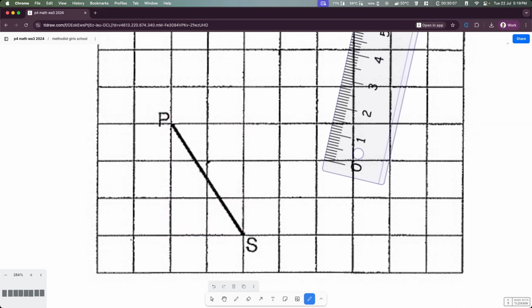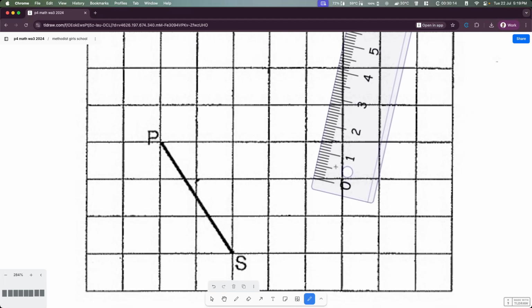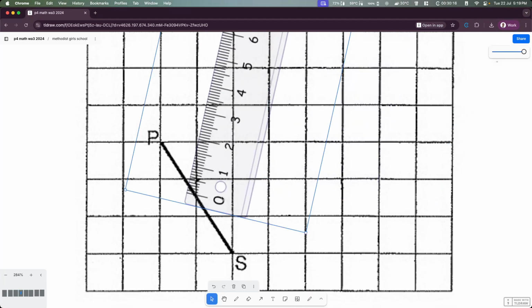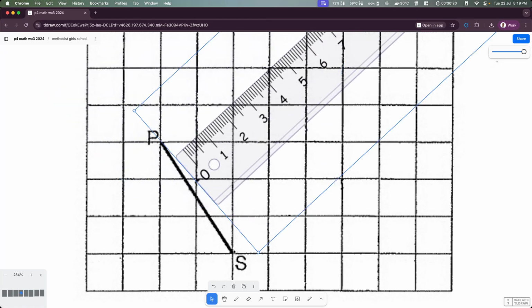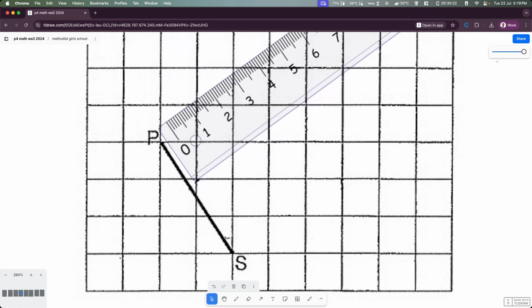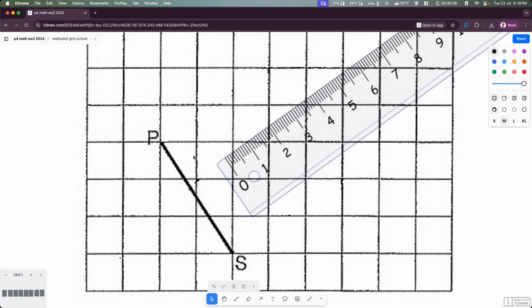Next, let's grab our ruler and place it. Make sure that the side of the ruler is parallel to PS, like this. That's what you see over here.